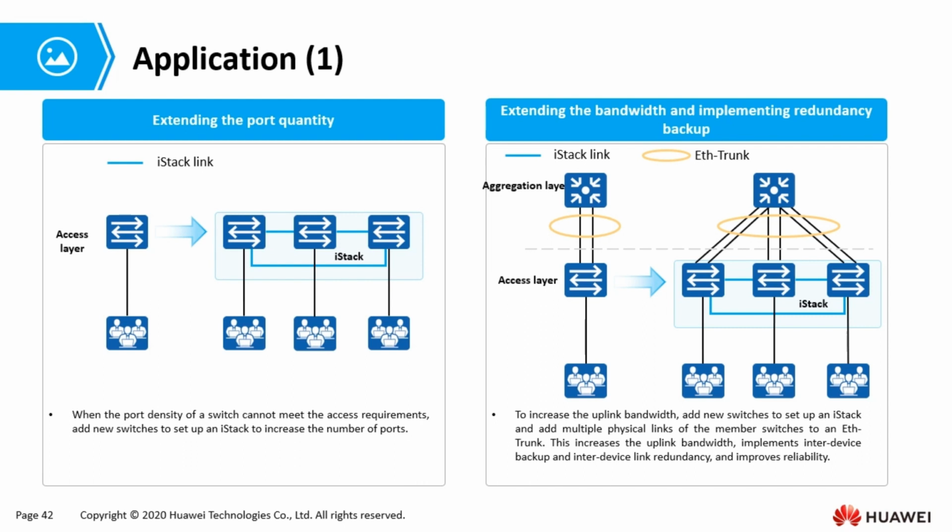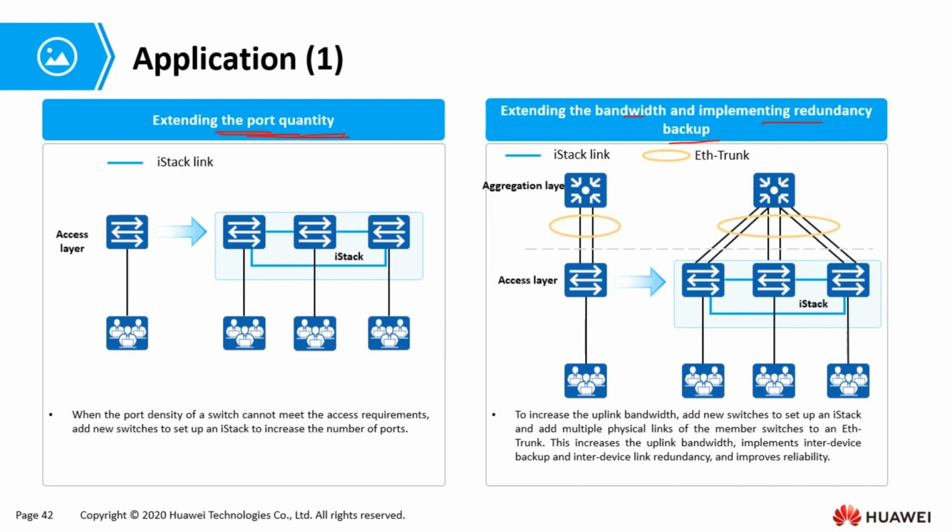The applications are, first, when the port density of a switch cannot meet the access requirements, a new switch can be added to set up an iStack to increase the number of ports. You can use it to extend your port quantity, and also extend the bandwidth and implement redundancy backup.